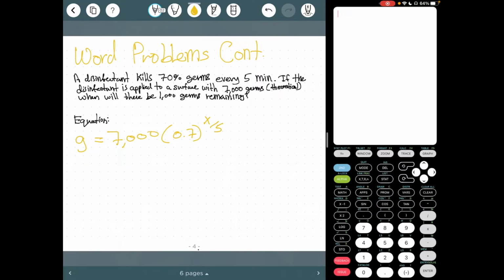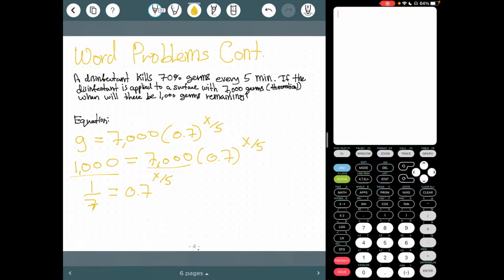So now since we have the equation, from here we can plug in 1,000 for germs, which equals 7,000, which is the initial amount, decreasing by 70% every 5 minutes. First, we had to divide 7,000 on both sides. So that would leave us with 1 over 7 on the left side equals 0.7 to the power of x over 5.